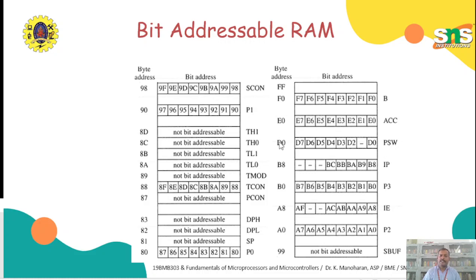D0 is the byte address and D0 to D7 are the bit addresses. Look at the accumulator. This is E0. E0 to E7 are bit addresses and E0 is the byte address. The B register is also bit addressable. F0 to F7 are bit addresses and F0 is also the byte address.